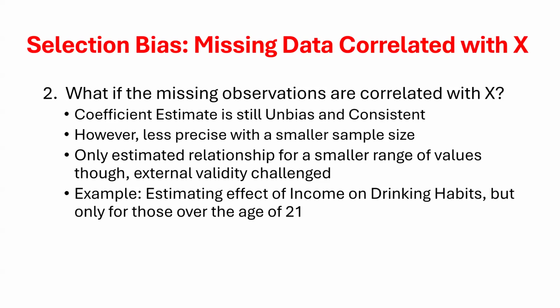Now, why might that be a threat to external validity? Well, for individuals under 55, I know that my estimate is going to be unbiased, right? But what if the effect wasn't linear? Let's say I have the exact same thing, where I've got age and savings.